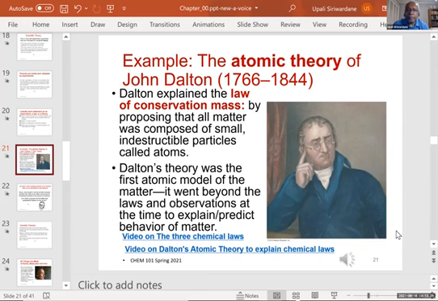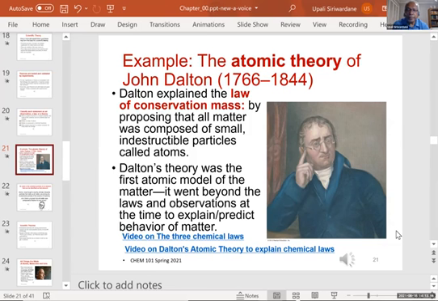Second, when a chemical compound is made out of two elements, the ratio between the two elements is always constant. For example, water has a certain mass of hydrogen and oxygen. So it's fixed, the law of definite composition.